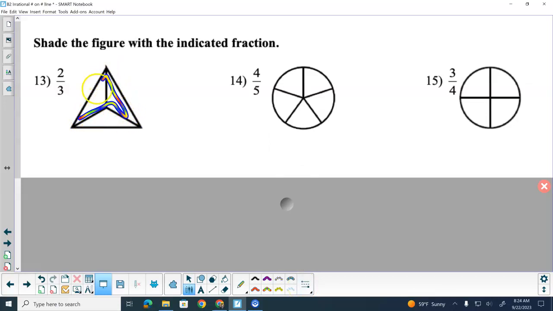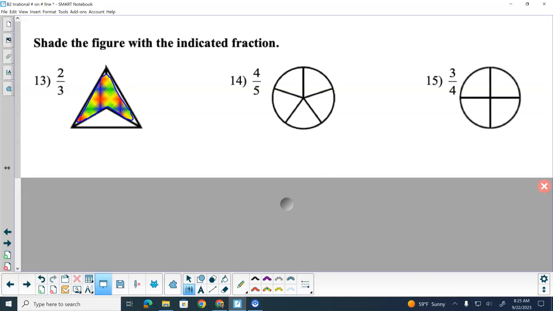I would shade in 2 of those. Does it matter which 2 you do? No, it doesn't matter which 2 you do.